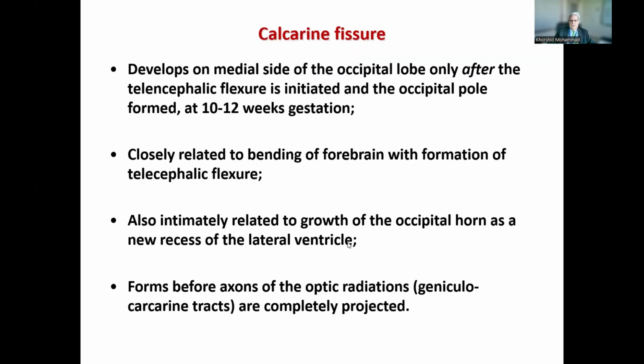The calcarine fissure develops on the medial side of the occipital lobe only after the telencephalic flexure is initiated and the occipital pole is formed, and that occurs at about 10 to 12 weeks gestation.